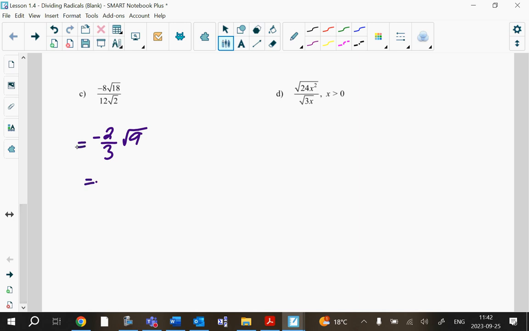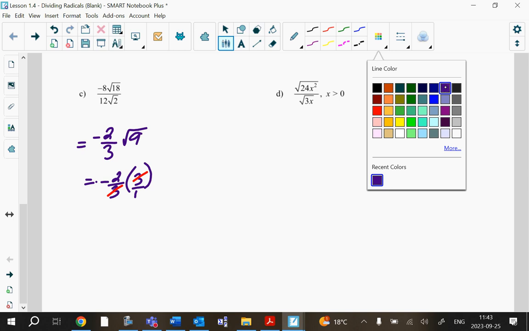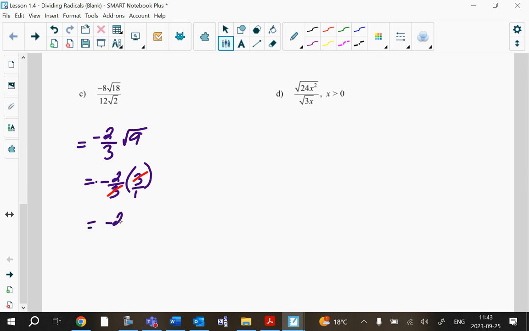So isn't this the same as negative 2/3 times 3, or 3 over 1? Cancel the 3's. And you get negative 2 over 1, which is just negative 2.